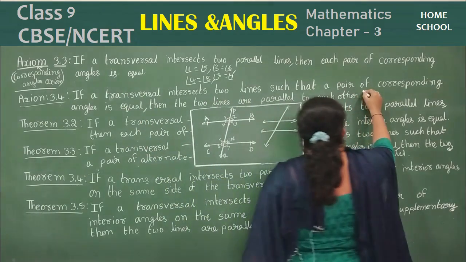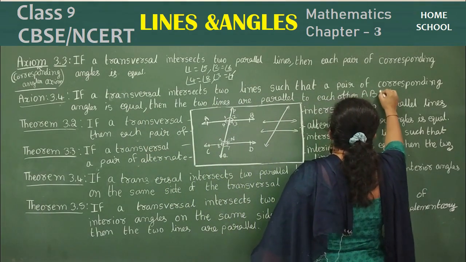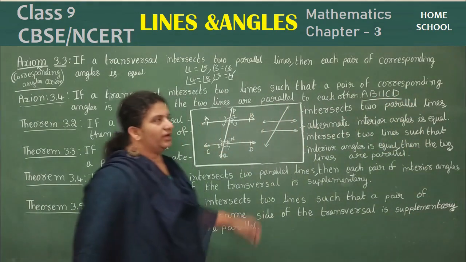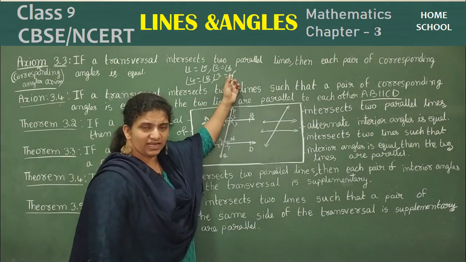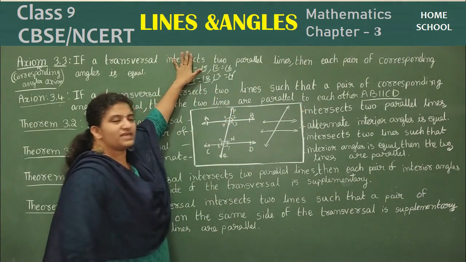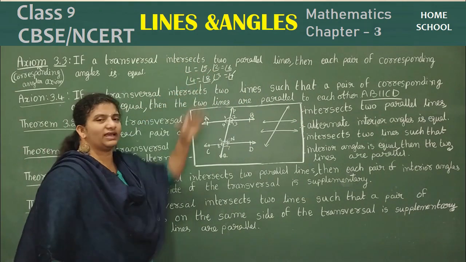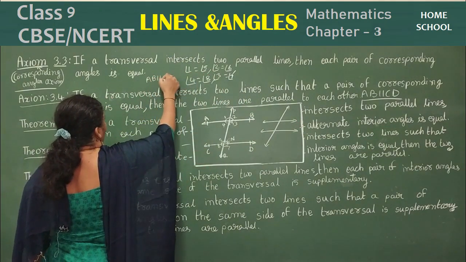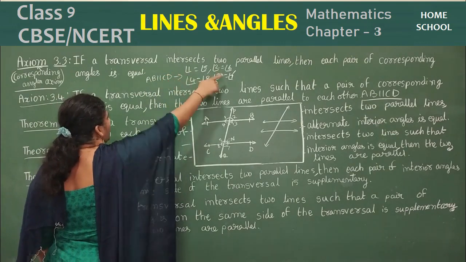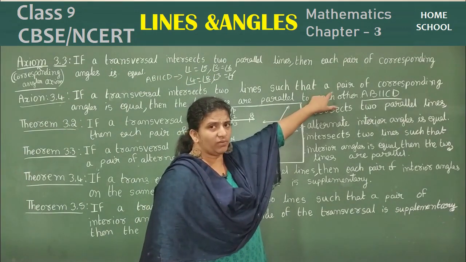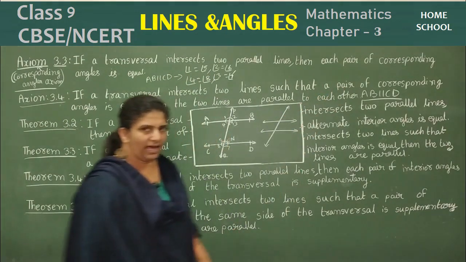That means I will write here AB parallel to CD. This you should remember. Given corresponding angles are equal, then the two lines are parallel. Here two lines are parallel, then the corresponding angles are equal. This statement applies here: AB parallel to CD, then you prove that corresponding angles are equal. And here corresponding angles are equal, then the lines are parallel.